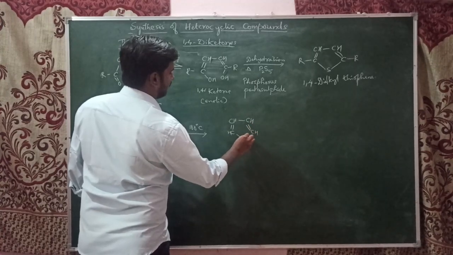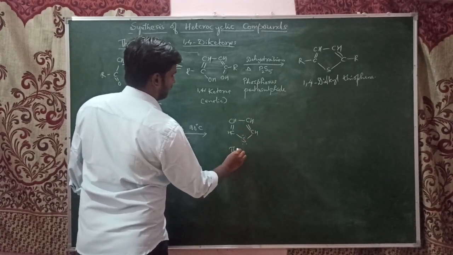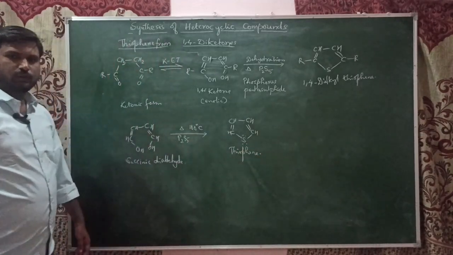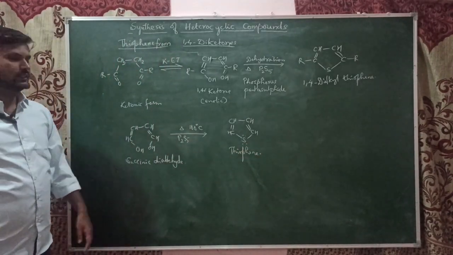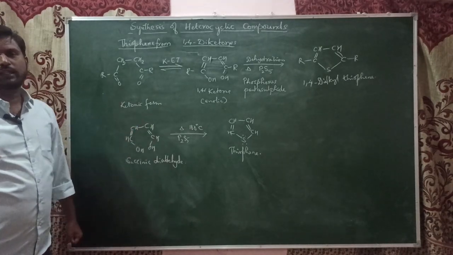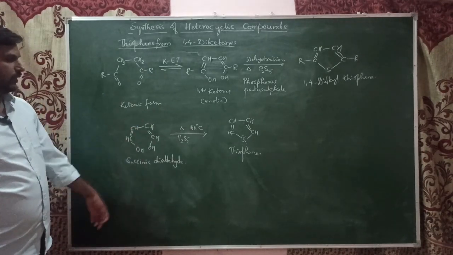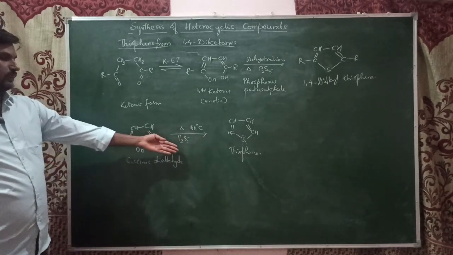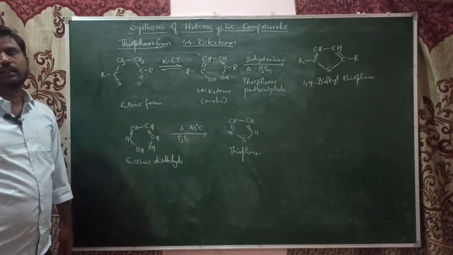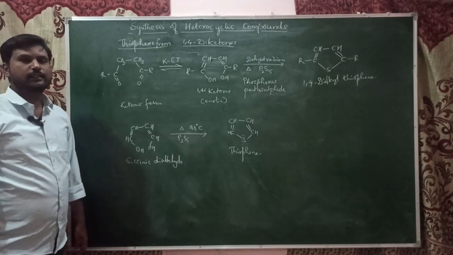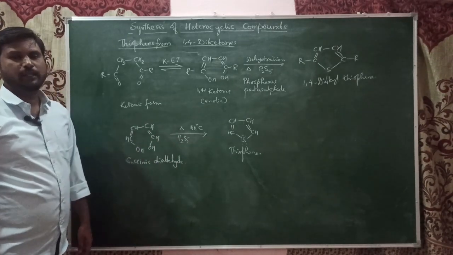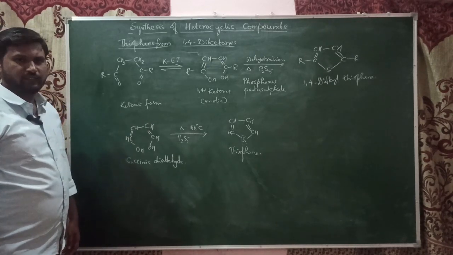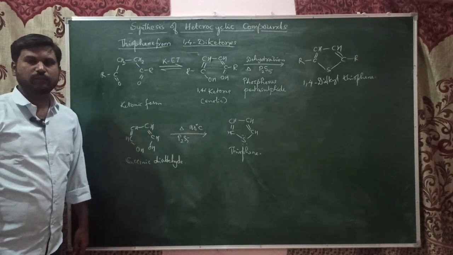So furan and thiophene can both be synthesized from 1,4-diketone. You only have to replace the dehydrating reagent: here we take phosphorus pentasulfide, while in the case of furan we took phosphorus pentoxide. So this is about the synthesis of thiophene from 1,4-diketones.